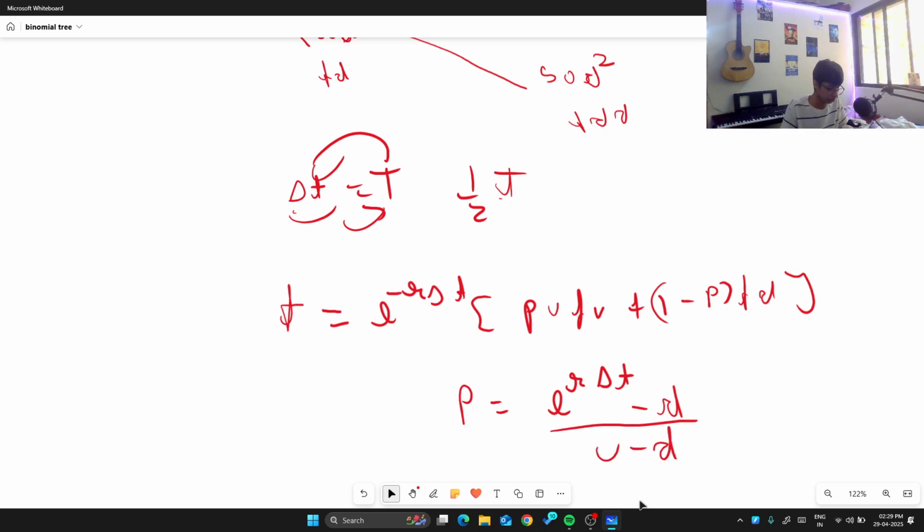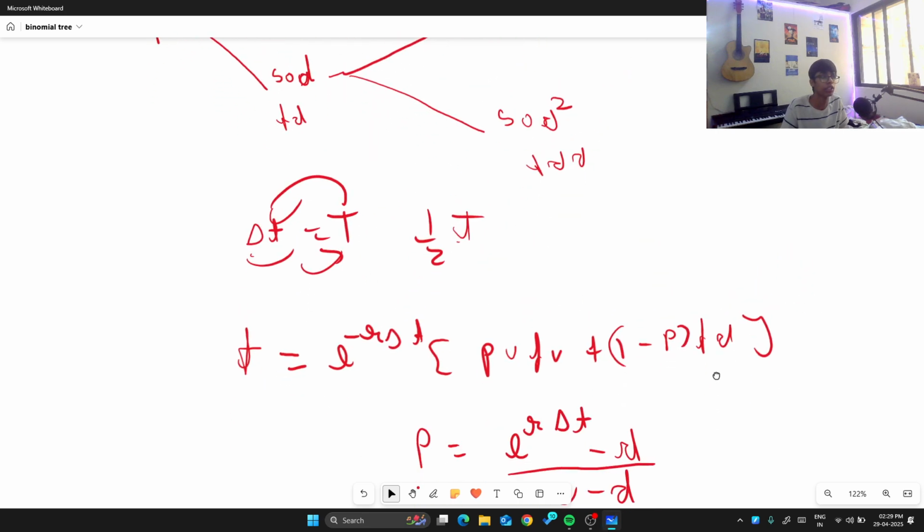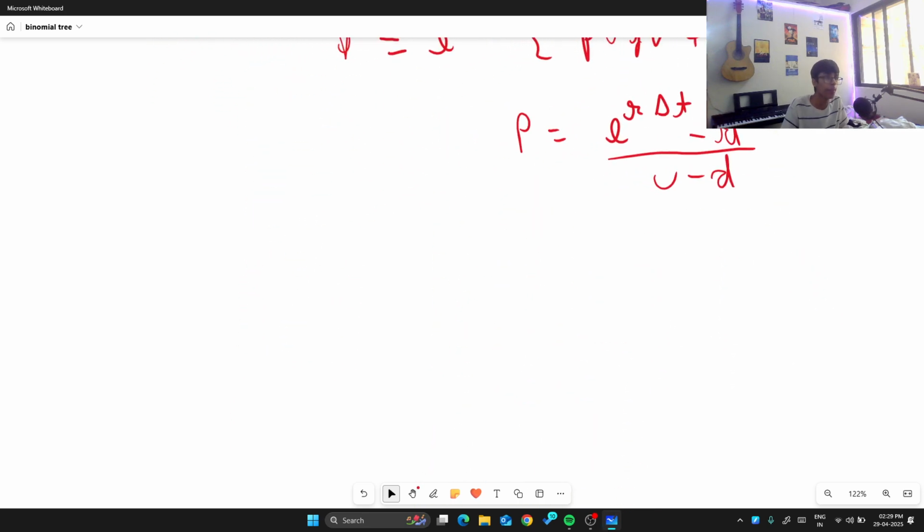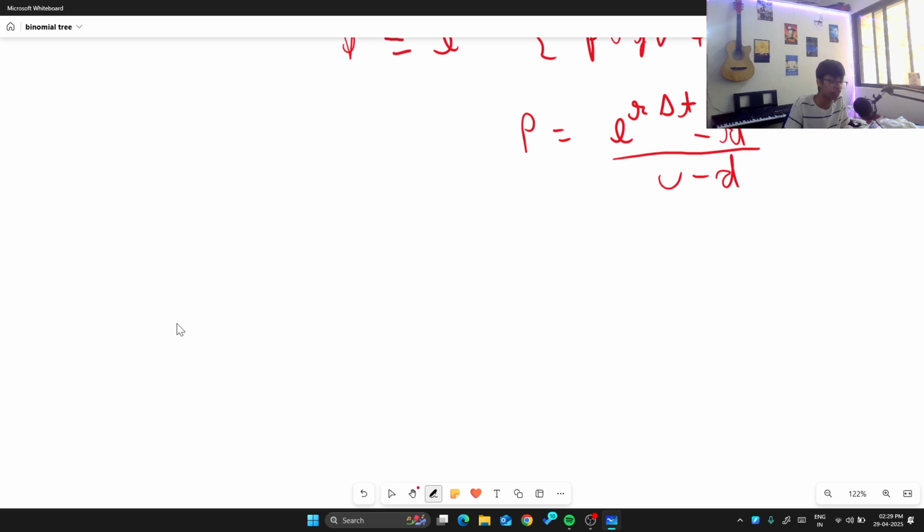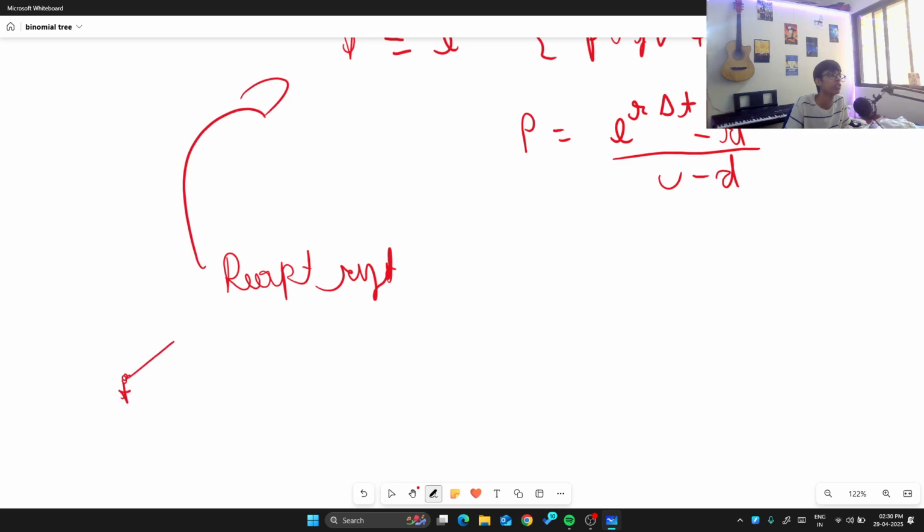So simple. So let's find the value at each time state. So we repeat this equation. Fine. So we have to find f_u, f_d, f_uu, f_ud, f_dd.